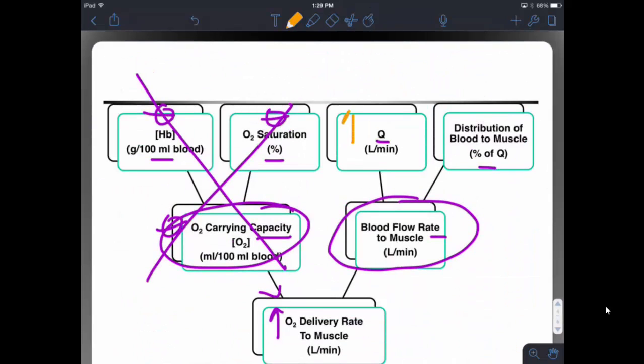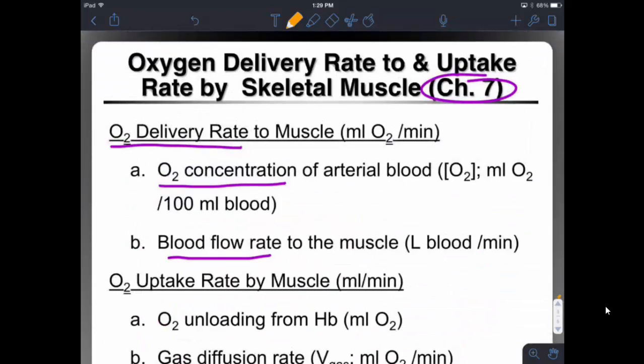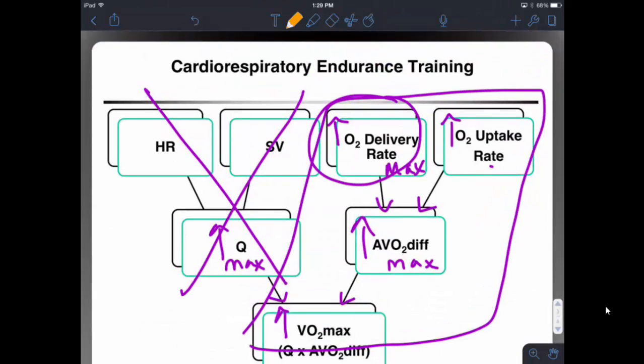So increased cardiac output, an increased percentage of the cardiac output going to the muscle, and therefore more total blood flow going to the muscle, contributing to a greater blood flow rate, and therefore a greater AVO2 difference. Greater blood flow rate, greater AVO2 difference, greater VO2 max. And that's what we're going to focus on here.